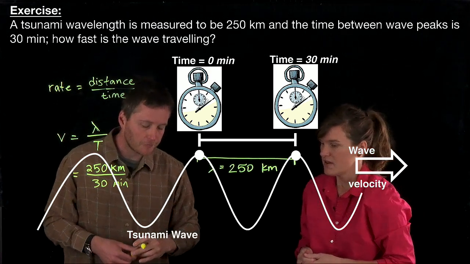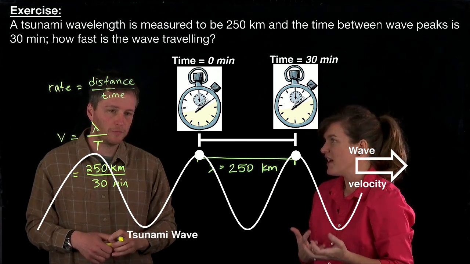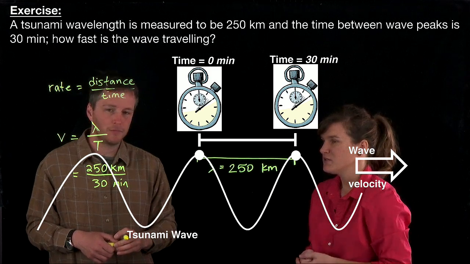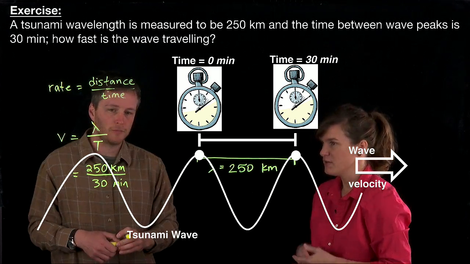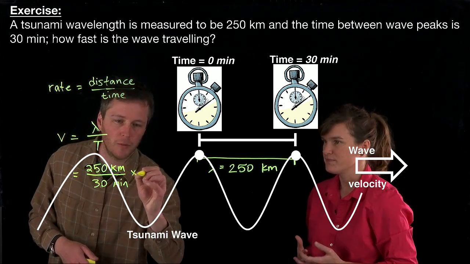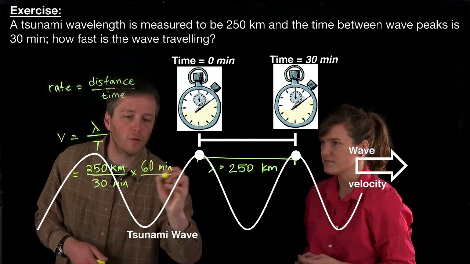Then we probably want to change this from minutes into hours, to get something like kilometers per hour. So we need to do a little bit of unit conversion here. We know there are 60 minutes in 1 hour, so let's multiply by 60 minutes over 1 hour.